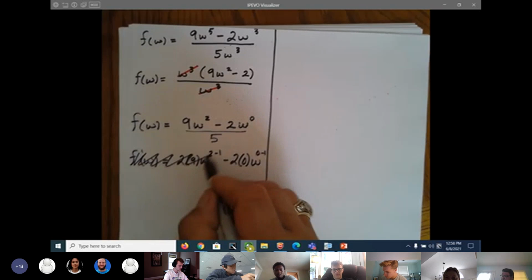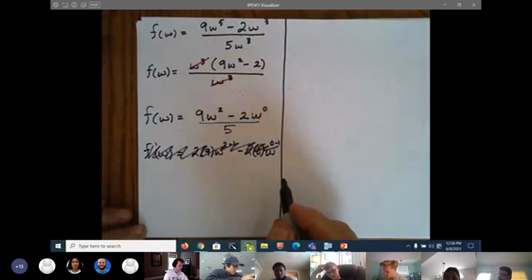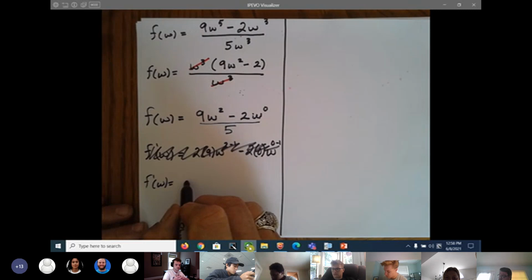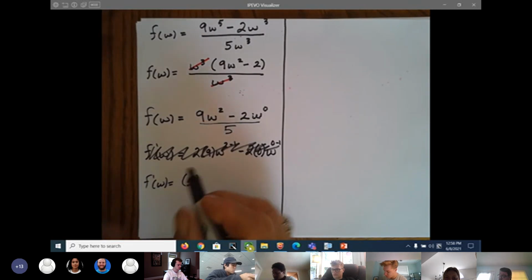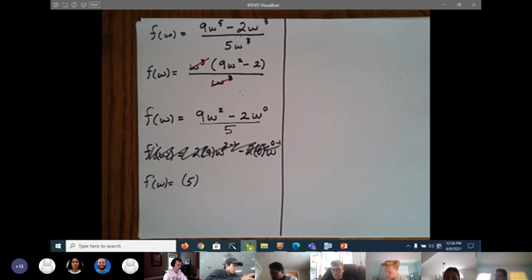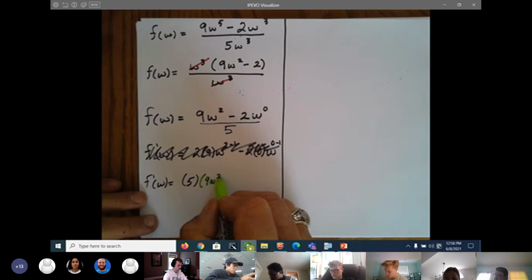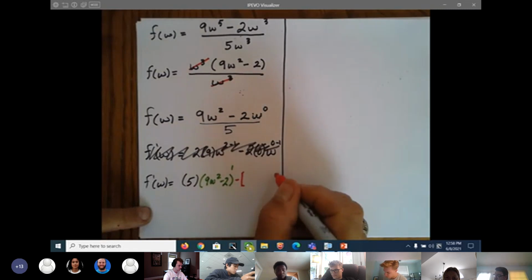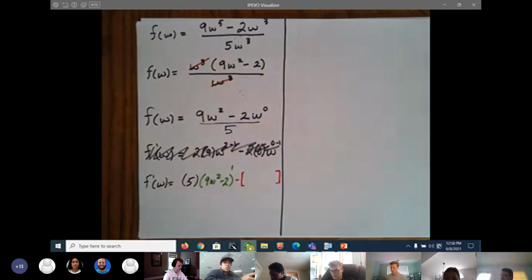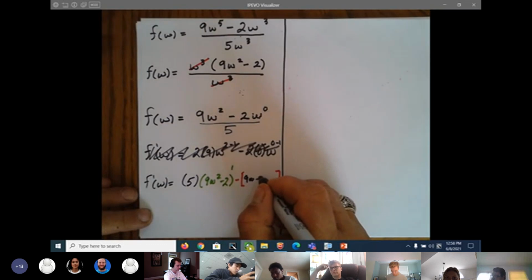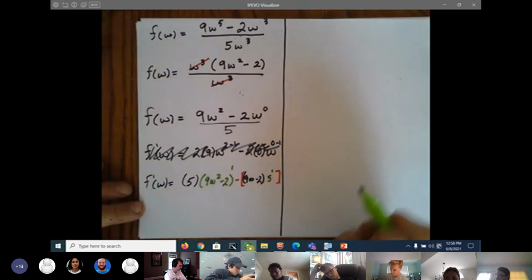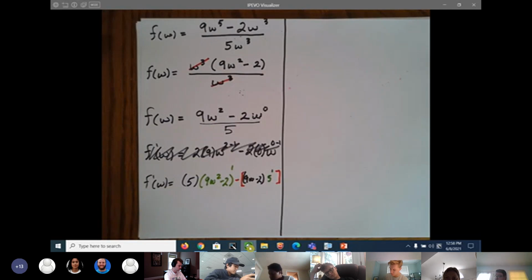Now we got to do the quotient rule. So f prime of w is equal to denominator times numerator prime, that'd be 9w squared minus 2 prime, minus, now there's a good thing about this, the numerator 9w minus 2 times the denominator prime, over denominator squared.